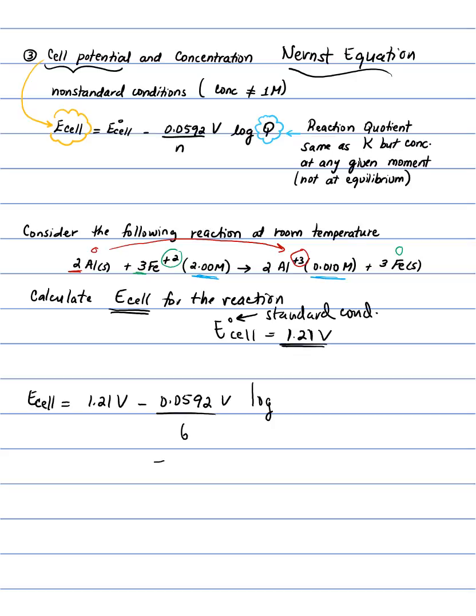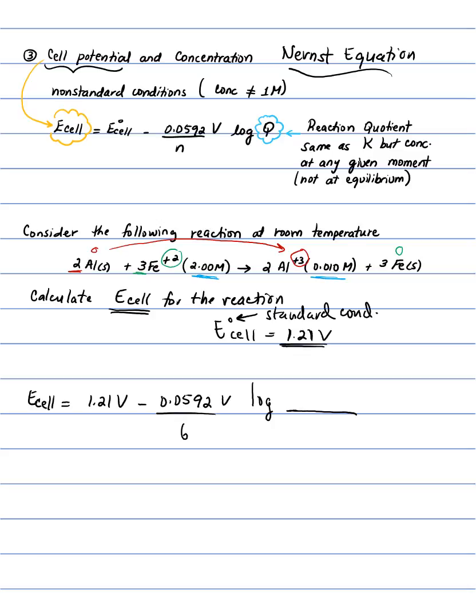Log of Q. Q is products over reactants. So if you check your reaction, your products are 2 moles of aluminum plus 3 moles of iron solid.